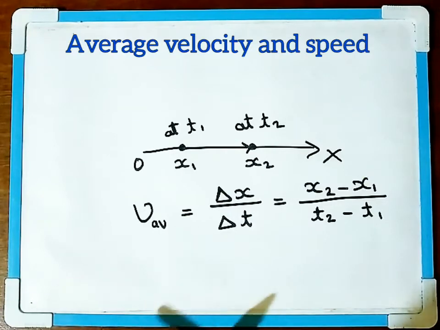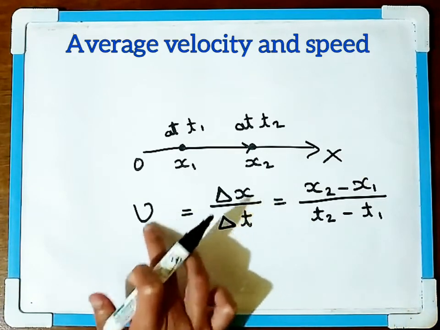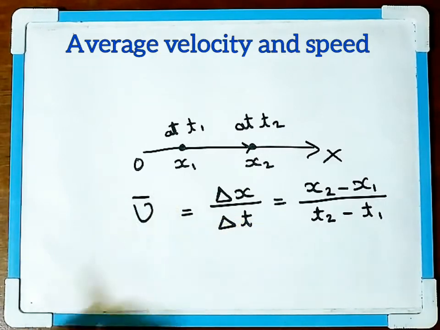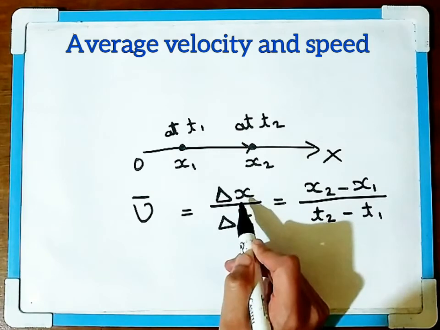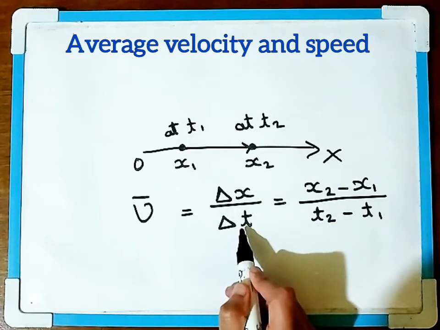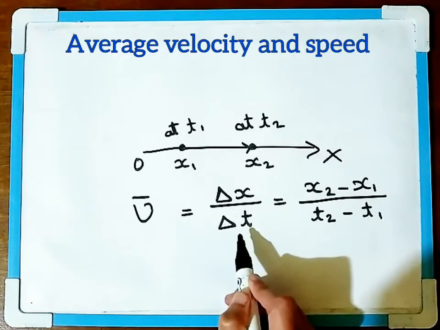Or we can also denote this velocity by simply writing a bar on top of the letter v. Now this will denote average velocity. And from this formula we can find out the SI unit of velocity. Now the SI unit of displacement is meter, and the SI unit of time is second.